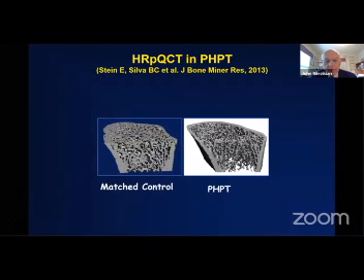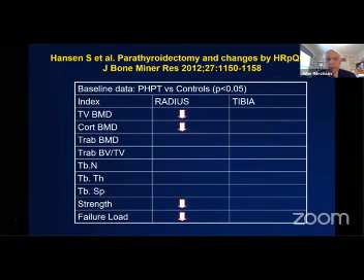On the left, a matched control of the distal forearm, and you can see on the right the beginnings of what I'm going to show. That is, there is evident cortical thinning, but also in this depiction, you can see the trabecular compartment is also abnormal.